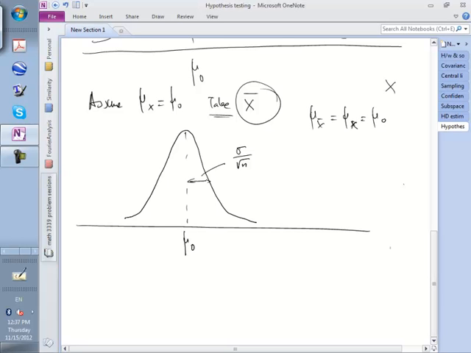This is the sampling distribution of x bar if the mean is equal to mu sub 0. That's what you would expect to see.